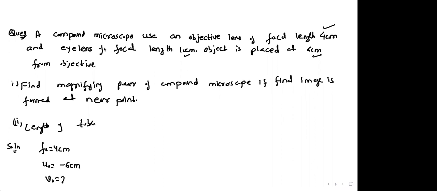Okay. Wait. D is 25. D is always the least distance of distinct vision, which is 25.